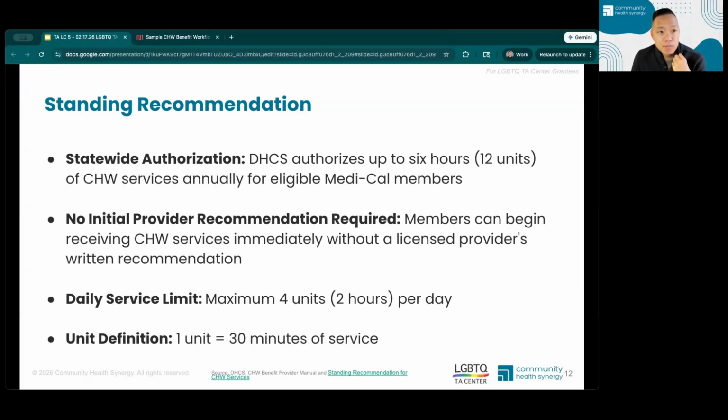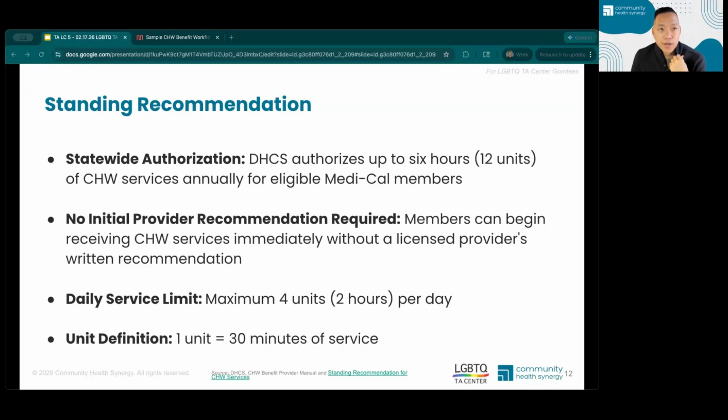Technically, my maximum allowance would be 3 days, right? 2 hours per day for 3 days, 3 times 2 is 6 hours, that's the annual limit. So after 3 days of 2 hours of services each day, that's when a care plan would need to be generated.